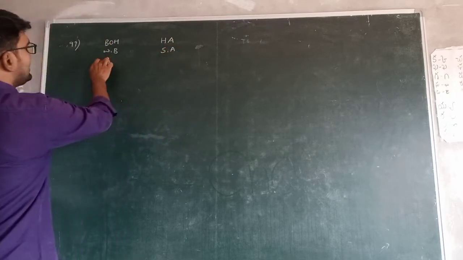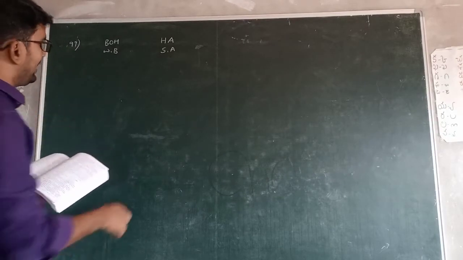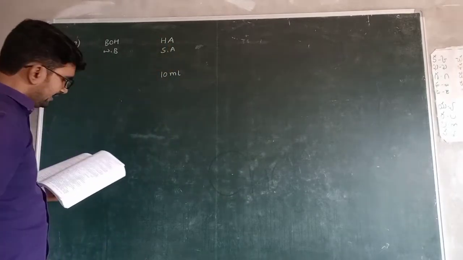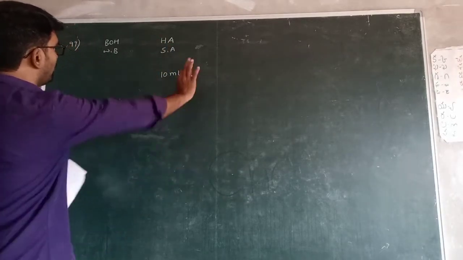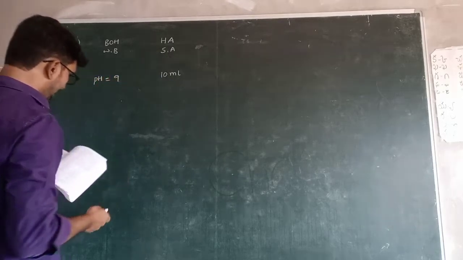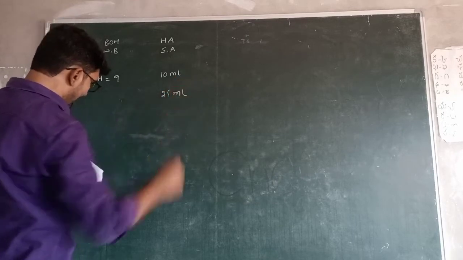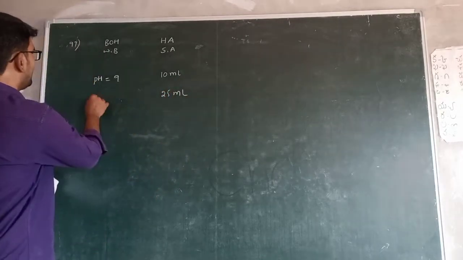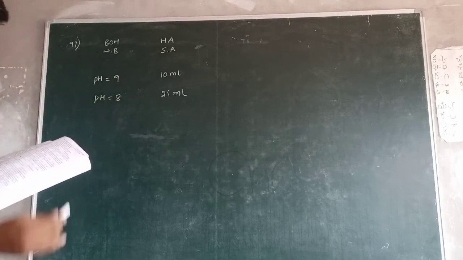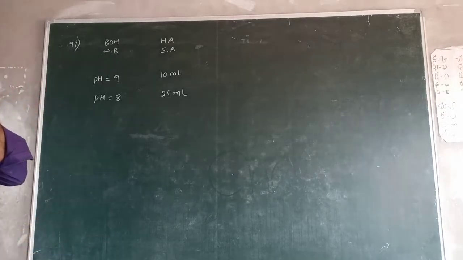So weak base and strong acid. When 10 ml of HA is added, the pH of the solution is 9. And when 25 ml of acid is added, then pH is equal to 8. Then what is the volume of acid required to reach the equivalent point?